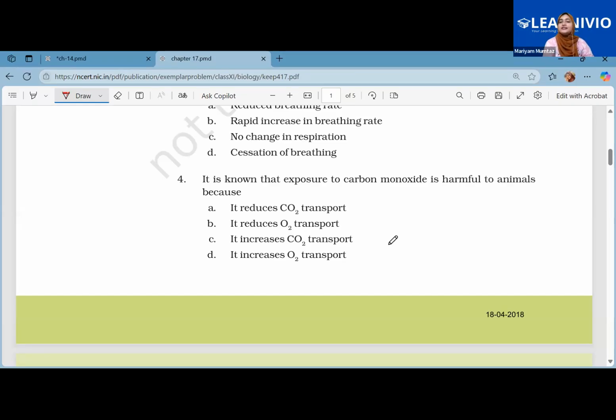Yes. Why? Can someone explain? Aisha, you explain. Why would it reduce the oxygen transport?